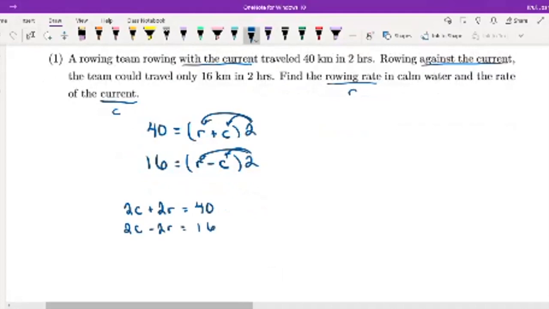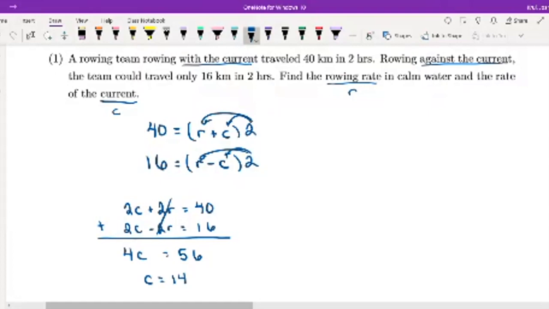And you'll notice right off the bat that the 2r and the negative 2r cancel. So all we have to do is add these two equations together. We get 4c is equal to 56. When you take that 56 and divide by 4, we get 14. So c is 14. C is the rate of the current.